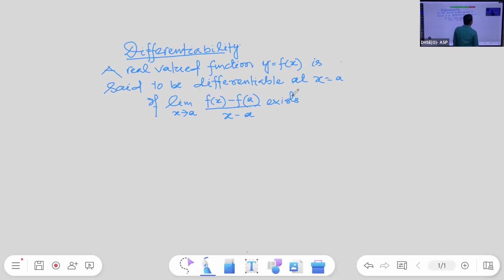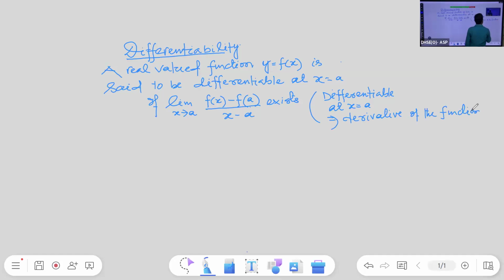a. Differentiable at x is equal to a means the derivative of the function exists at x is equal to a.